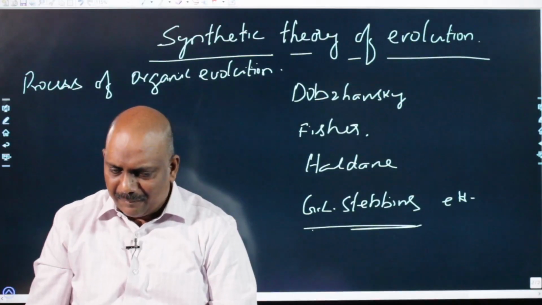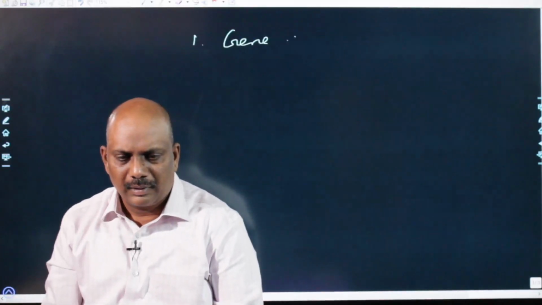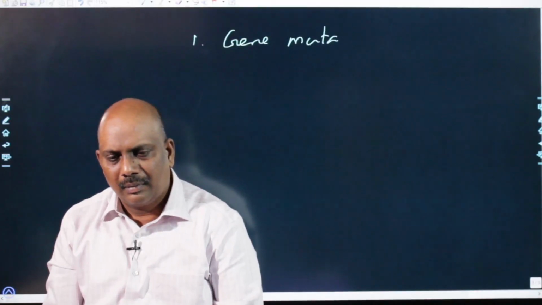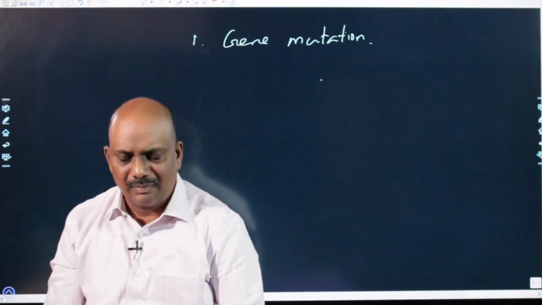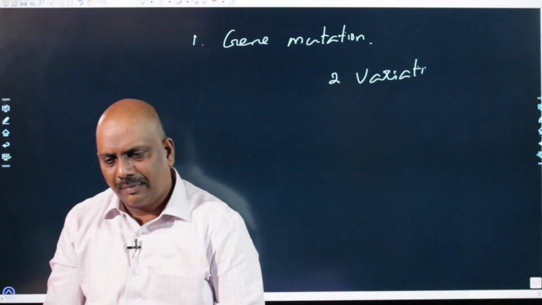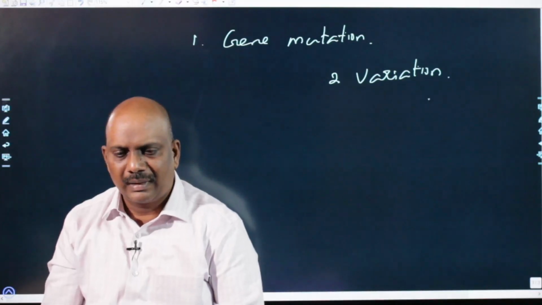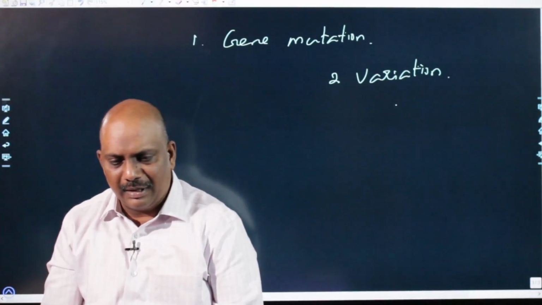The synthetic theory again includes five very important factors in evolution. Number one, gene mutation. Number two, variation by recombination.